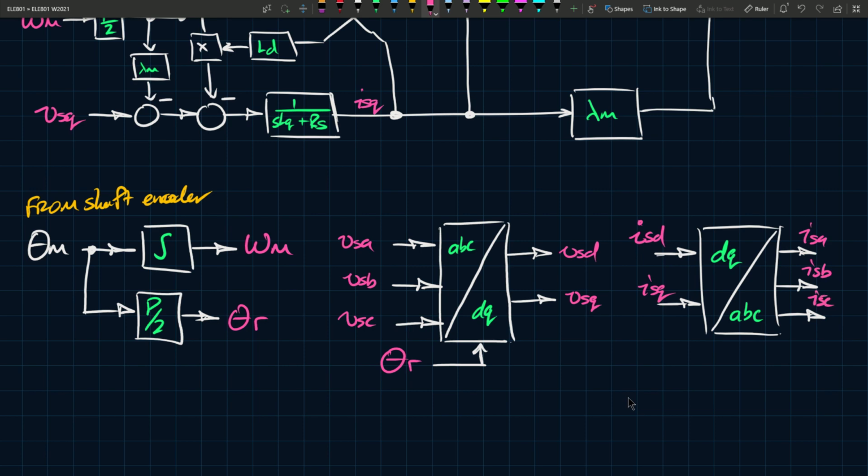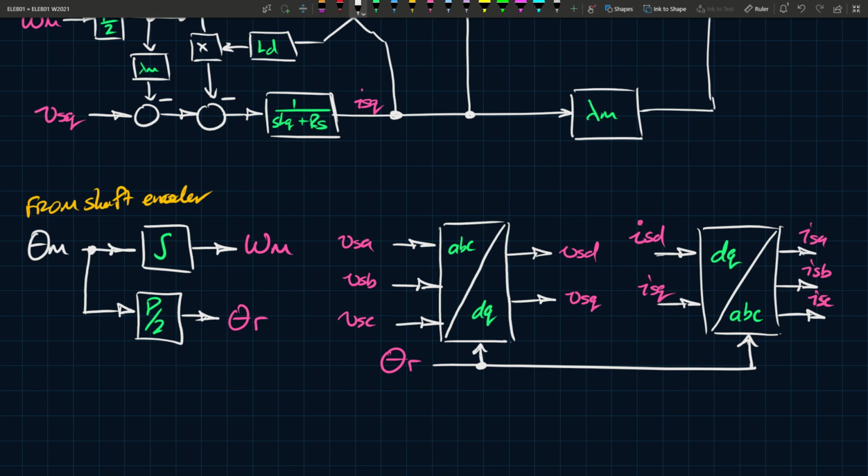Now, why do you need these? We'll see later on, literally in about 5 minutes or so. But you need to be able to feed back and also understand what the limits are. This theta r also goes there. But just a note on ISA, ISB, ISC, you need to have those feeding back into your current controllers, which we'll look at next.